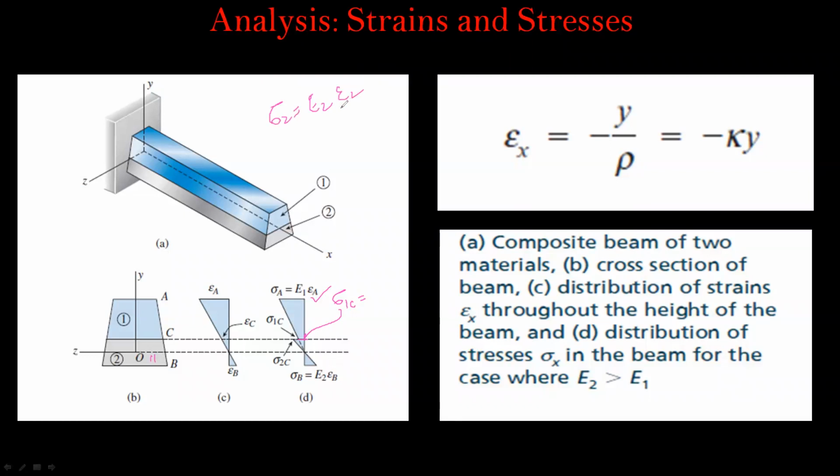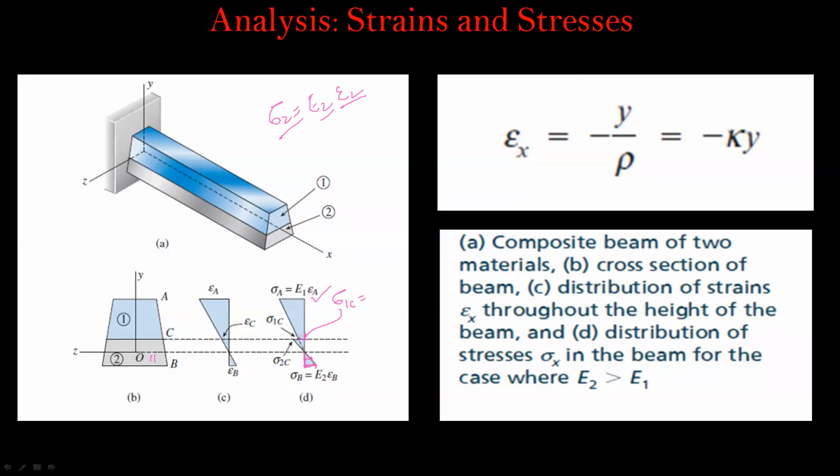So sigma 2 also varies linearly because E2 is constant. Therefore, as we go from the neutral axis downwards, this stress value will be positive.